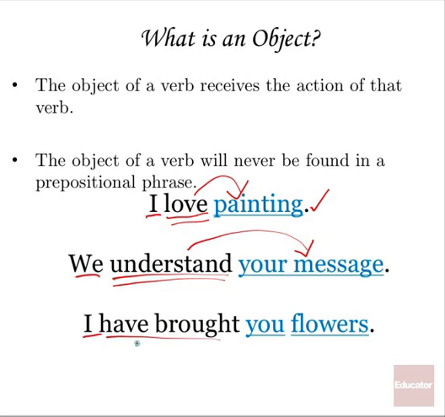I have brought you flowers. I is the subject, have brought is the verb, and in this case we have both a direct and an indirect object. It's the flowers that are the direct object. They receive the brought. And you is what's called an indirect object, which is receiving the flowers. We're going to get into this in more detail as the lesson goes on.